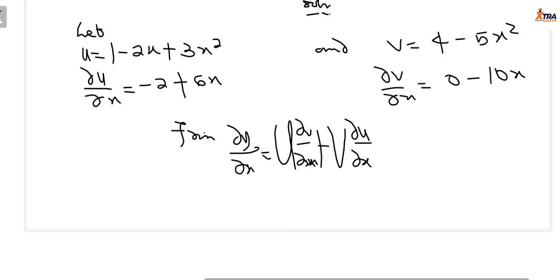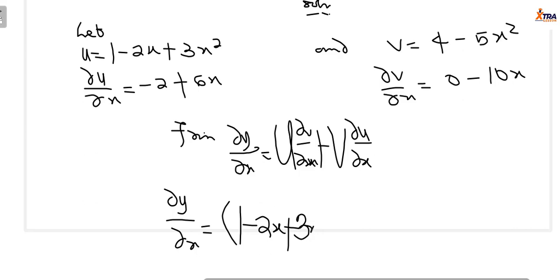So we have dy over dx now. u, what's u? 1 minus 2x plus 3x squared. The dv over dx, which is what? Minus 10x.